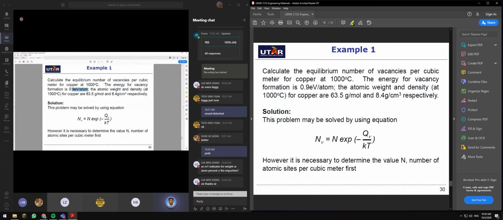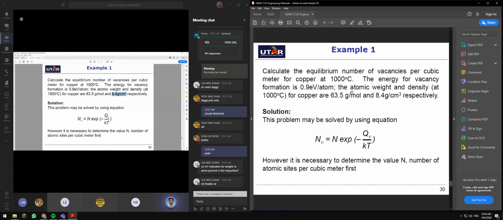For you to form a vacancy from an atom, for you to form a void, this is the energy required per atom. Now, the atomic weight for copper is 63.5, and then the density at 1000 degrees Celsius is 8.4 grams per centimeter cube.